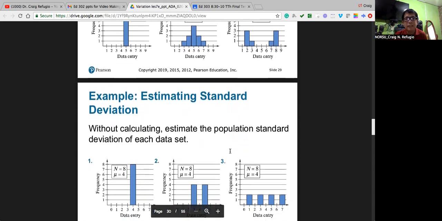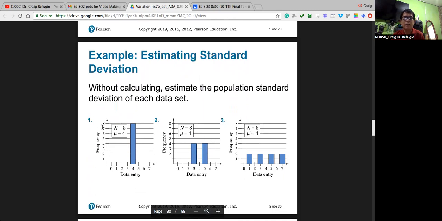Estimating standard deviation. Here we have capital N equal to 8 and mu equal to 4 in each data set. We look at these different data sets wherein the means are the same and the population sizes are also the same.